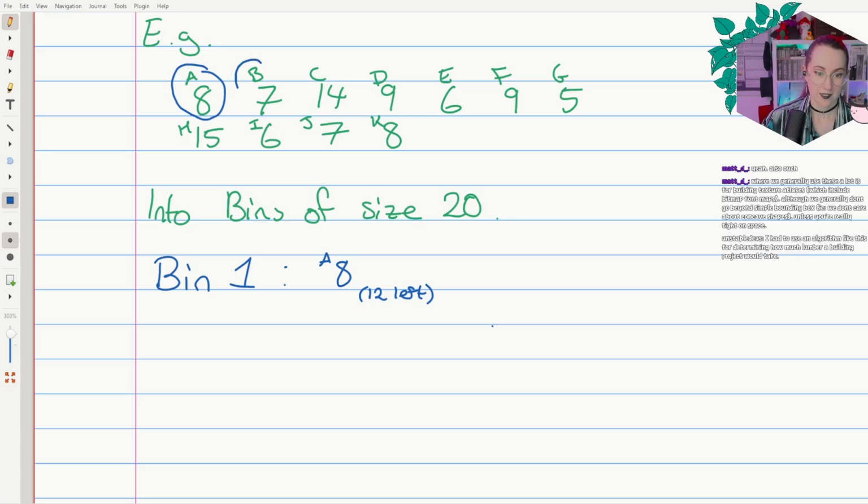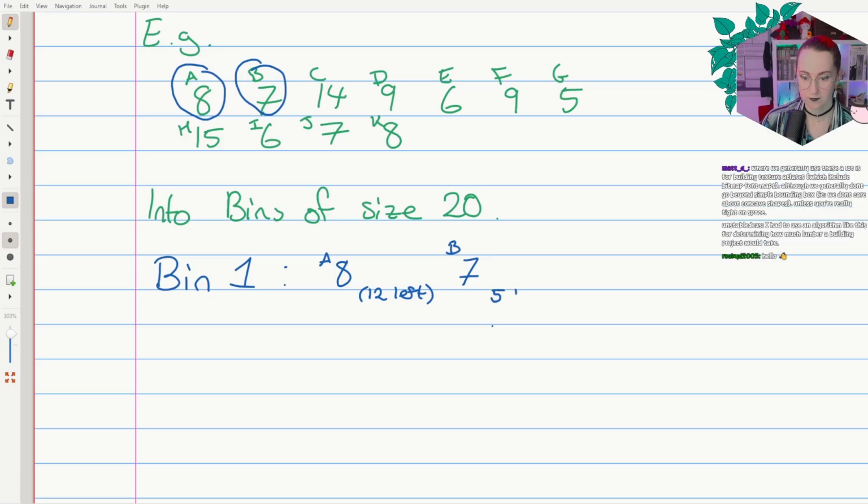Then we look at the next element along, the 7. Starting from bin 1, 7 can fit in here, so we add it. 12 minus 7, so we are left with 5 inside bin 1.